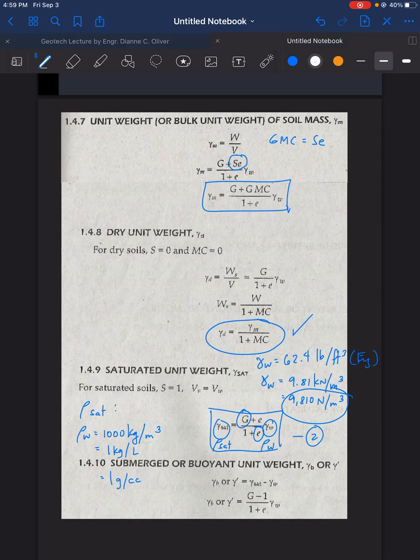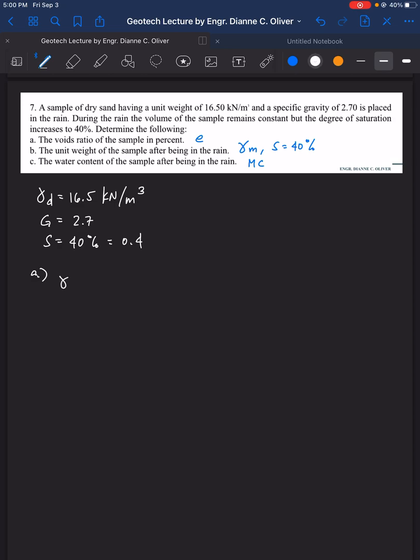You can get that from the formula of the dry unit weight: gamma D is equal to G over 1 plus E times gamma W. So we have 16.5 kilonewton per cubic meter for the gamma D. For the specific gravity, 2.7 over 1 plus E, missing E. And gamma of water is 9.81 kilonewton per cubic meter.